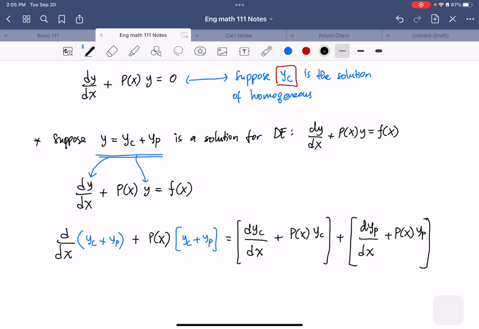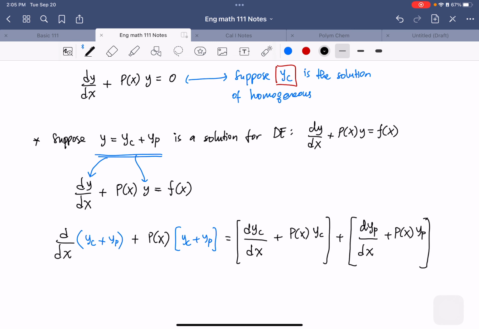Now what's interesting about yc and yp is that yc is the solution when it's homogeneous. Homogeneous is when this is 0, which means that this will be 0 because it is homogeneous.